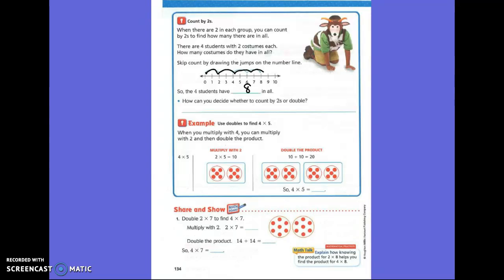You count by twos when there are groups. So when 2 is the first number, that means that there's that many groups. So count by twos when there are equal groups, or when there are groups of 2.